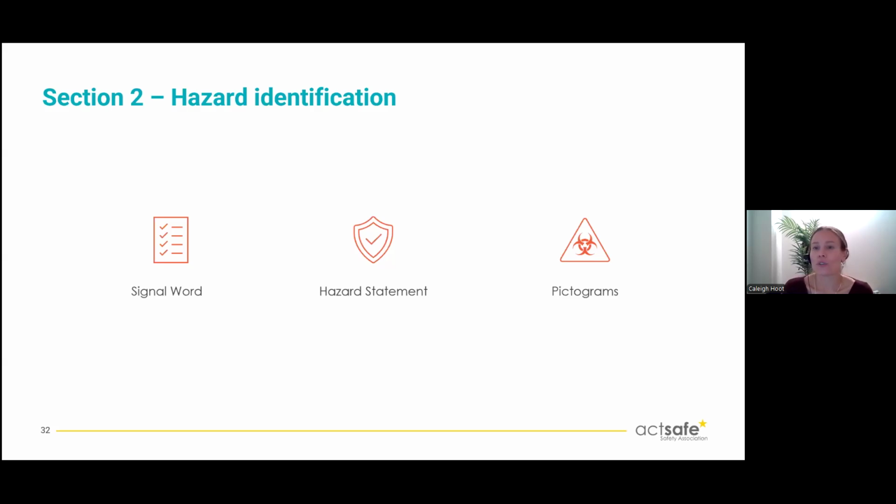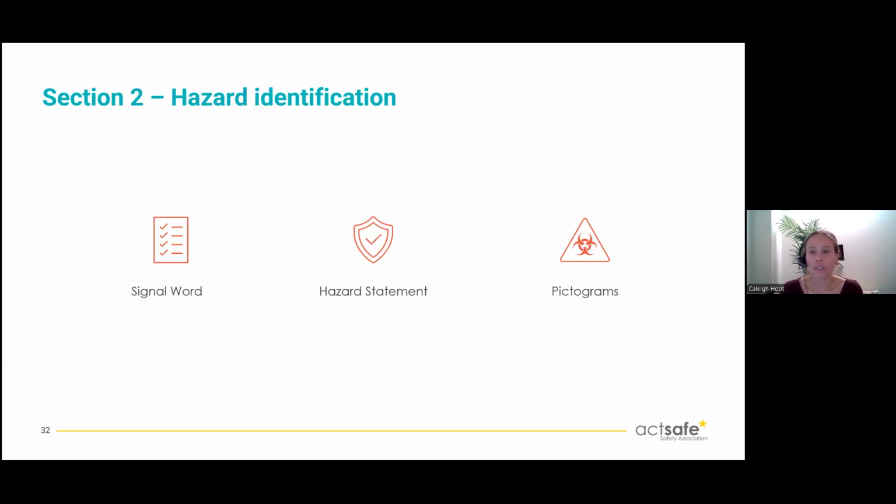Section 2 of our safety data sheet is all about hazards that are associated with the product. It's going to give you a quick standardized snapshot of the risk before you handle the chemical. What you'll find is your signal words. These can be danger or warning, and they tell you at a glance how careful you're going to need to be with this product.